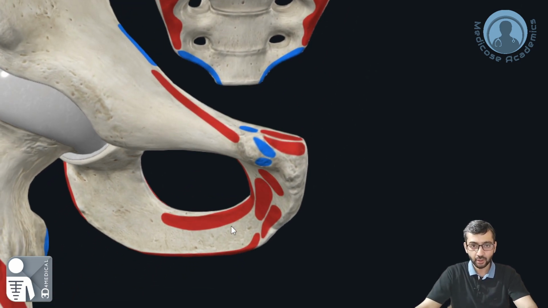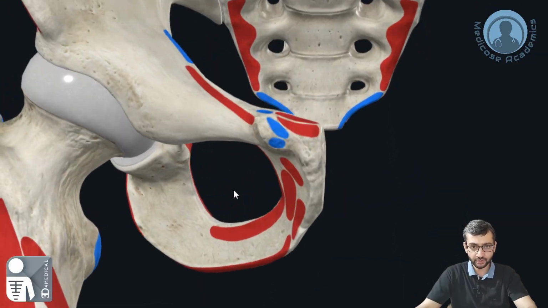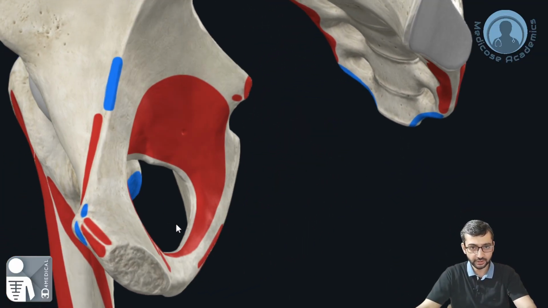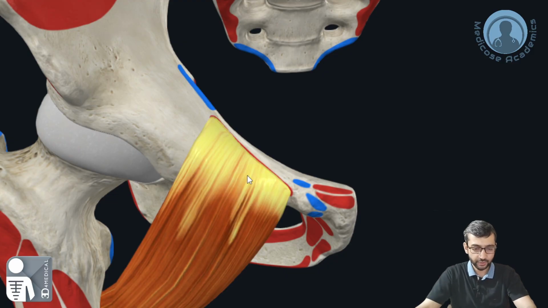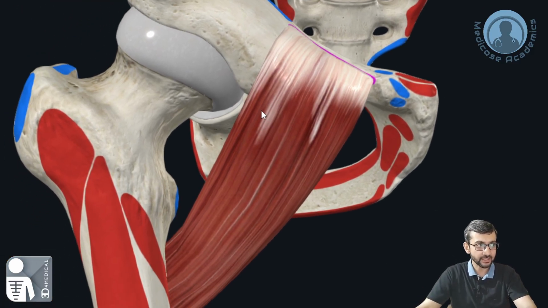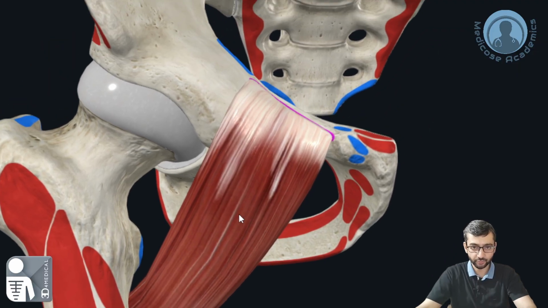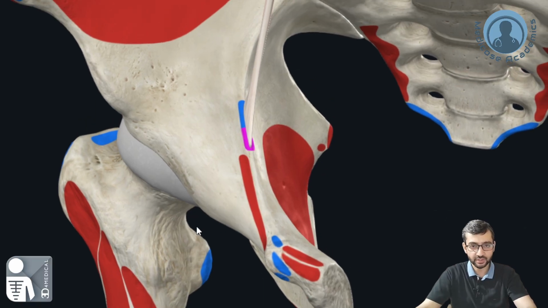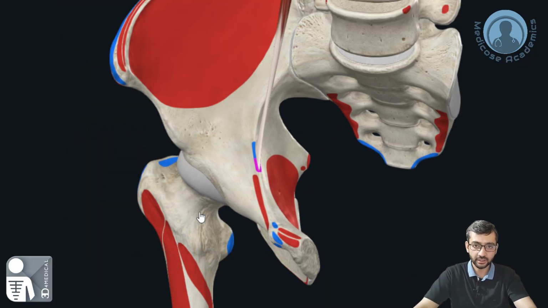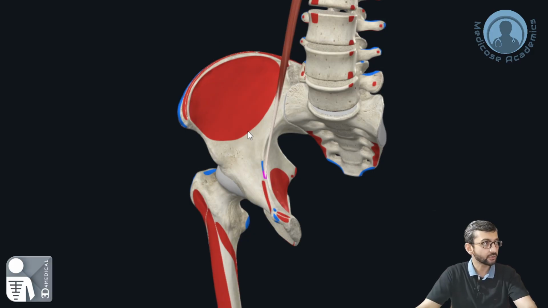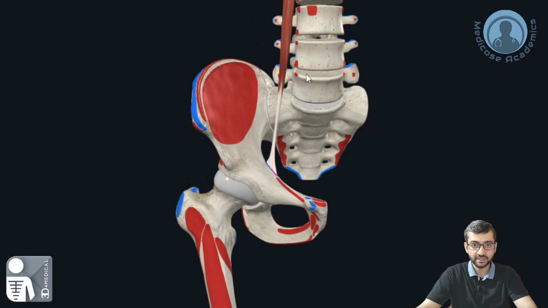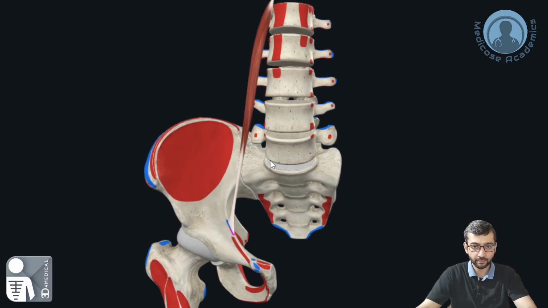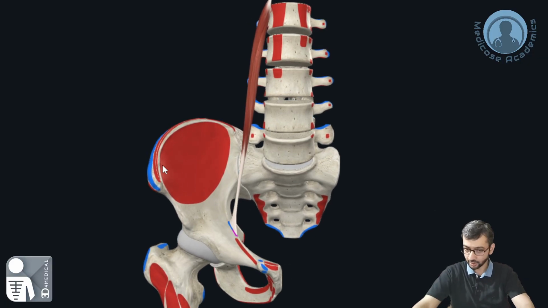There were three borders of the superior ramus. On only one border, the pectinate border, we get the pectineus muscle, which is going to be inserted into the femur. On the back of it, just beyond it, is the attachment of the psoas minor muscle, the muscle arising from the upper lumbar vertebra and getting inserted into the hip bone.